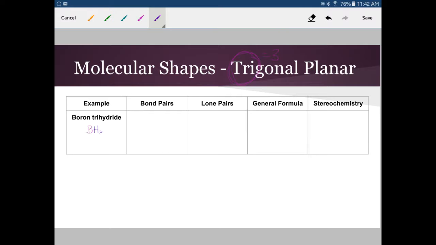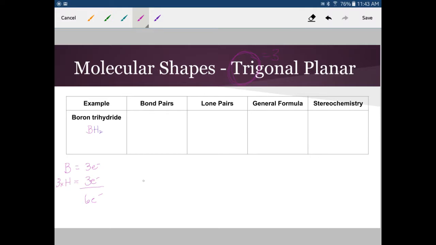Again, my boron, when I check out my periodic table, boron has 3 electrons, and I have 3 hydrogens, each containing 1, so I have 3 electrons to deal with, giving me 6 electrons total to work with.